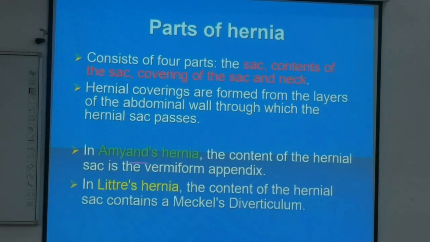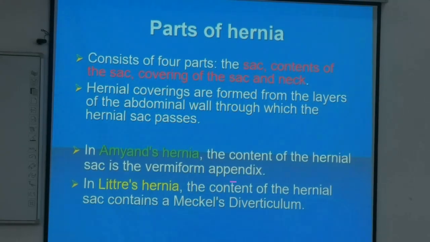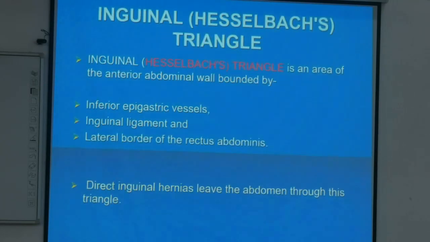See, in Amyand's hernia, content of the hernial sac is vermiform appendix. Okay. In Littre's hernia, the hernial sac contains Meckel's diverticulum. Okay. Meckel's diverticulum is an extension from the small gut. You will learn during the abdomen. So, contents are different in different hernias.